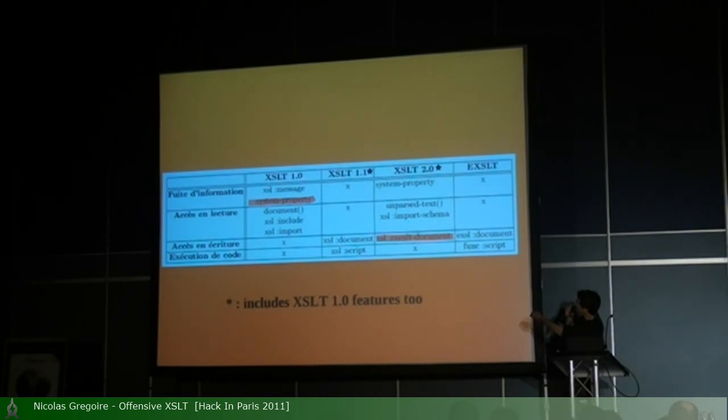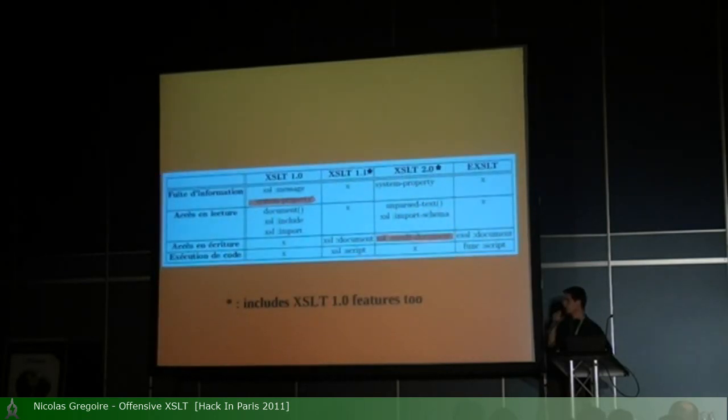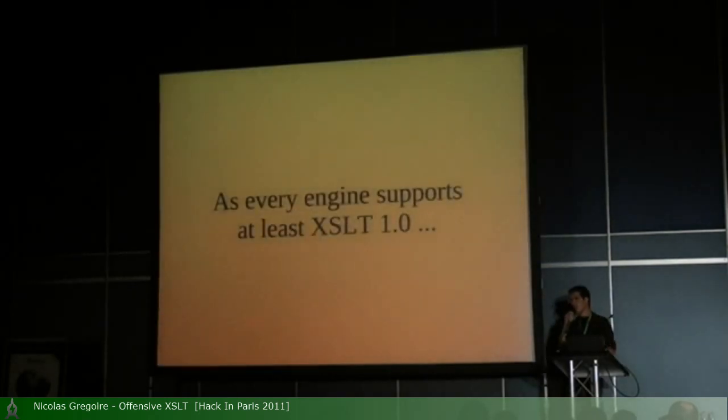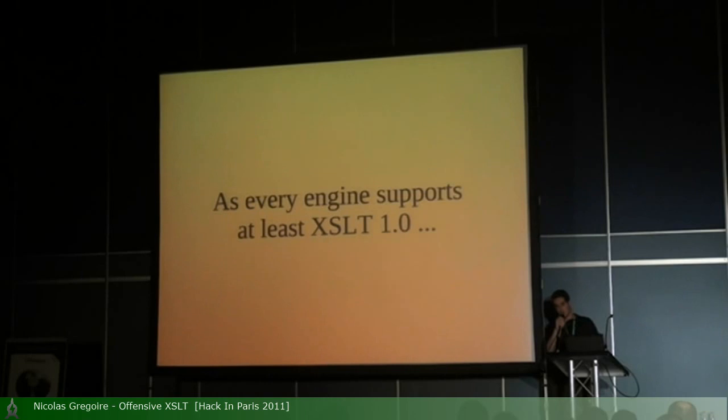For XSLT 1.0, we have a system property which allows to fingerprint the engine, and in XSLT 2.0, we have result-document which allows file creation. So it's interesting, but XSLT 2.0 is not very common. Everybody supports XSLT 1.0.